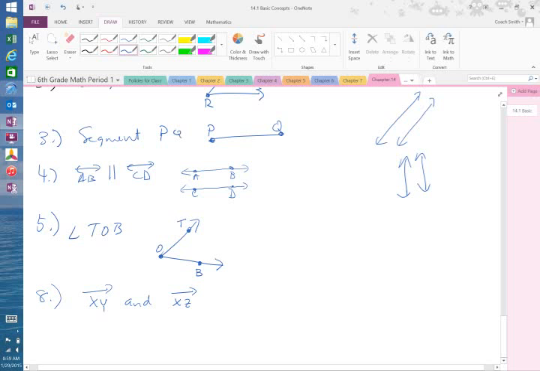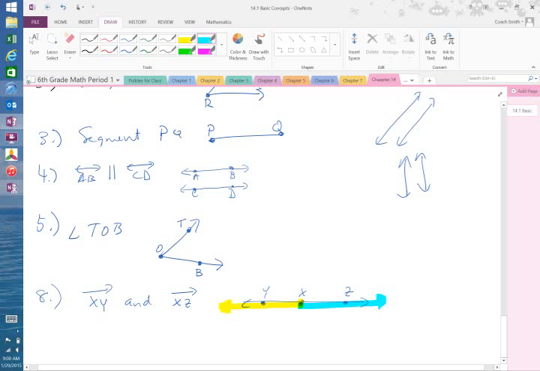Well, you can do it one of two ways. This is one way. This is what we talked about a while ago. Because what they're saying is, here's your endpoint, and you have one that comes off this way and one that comes off that way.